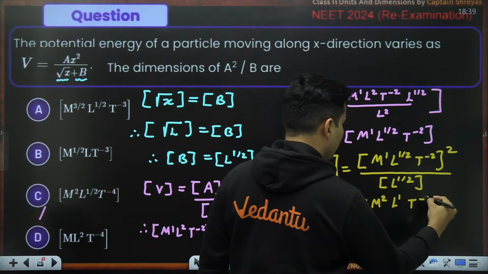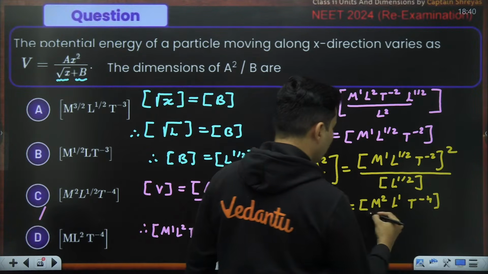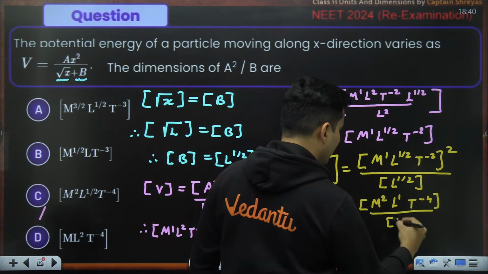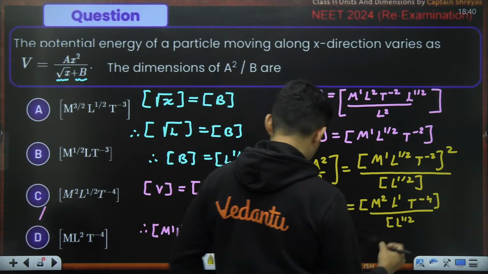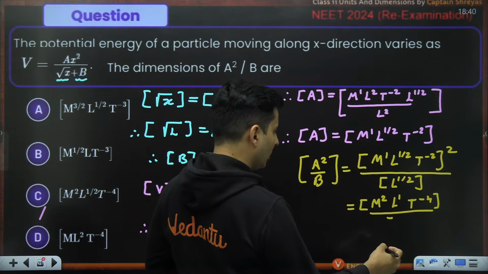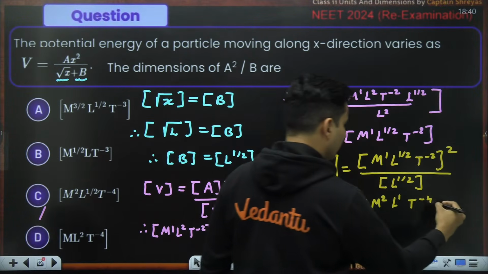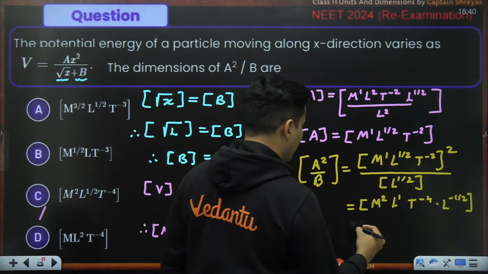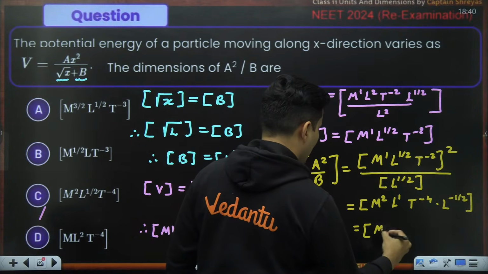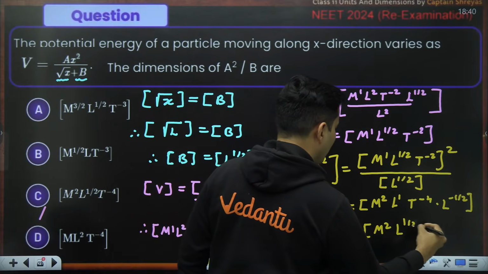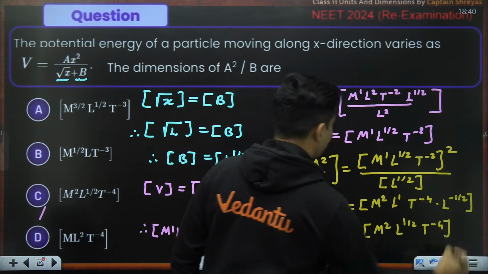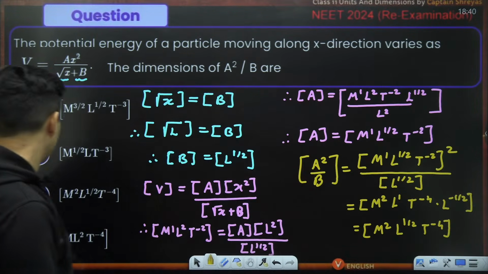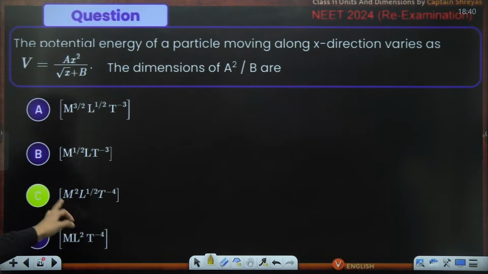This will be T raised to minus 4, and below we will have nothing but L raised to half, which we can take on the top as L raised to minus half. So 1 minus half is half. So it will become m raised to 2, L raised to half, T raised to minus 4. So that is the answer for this particular question.